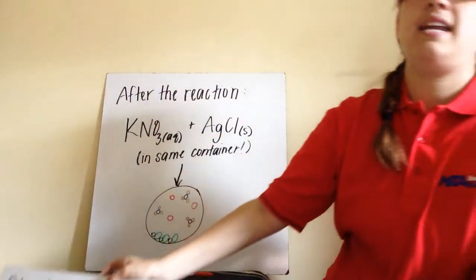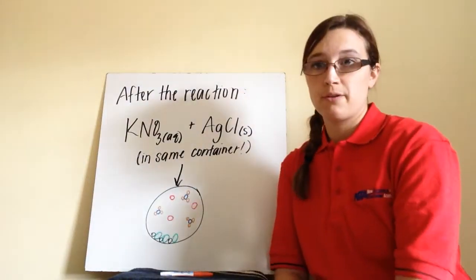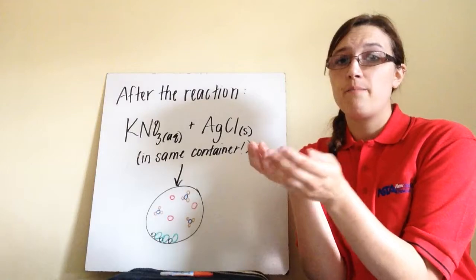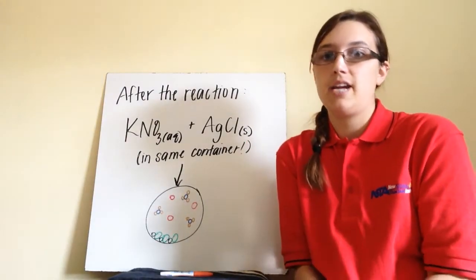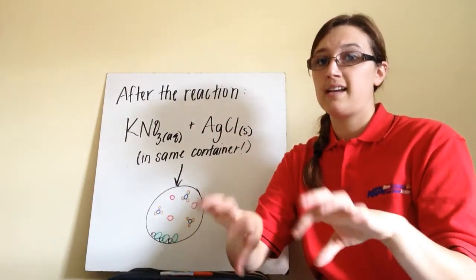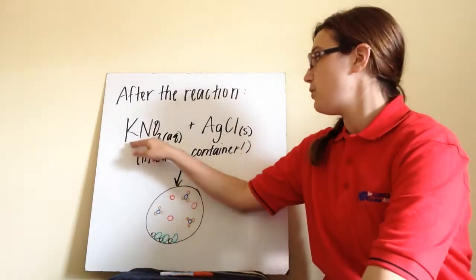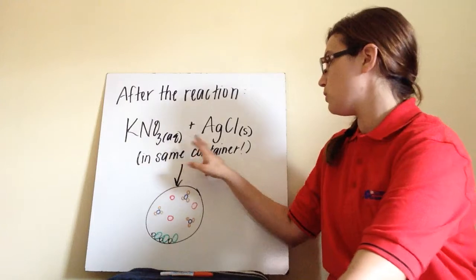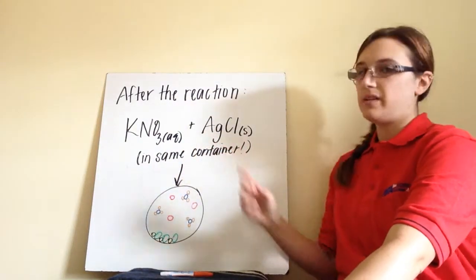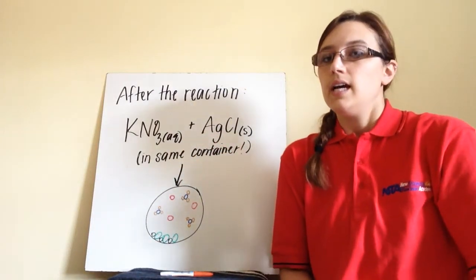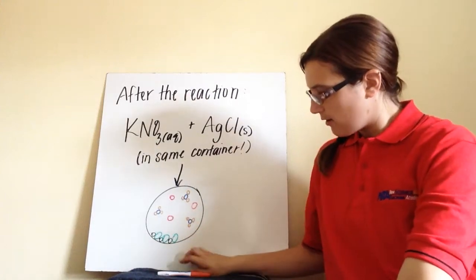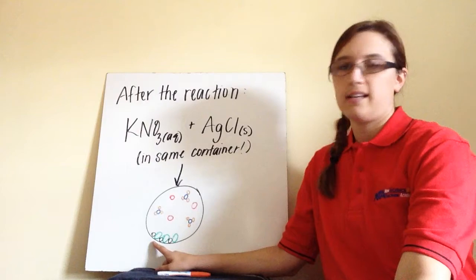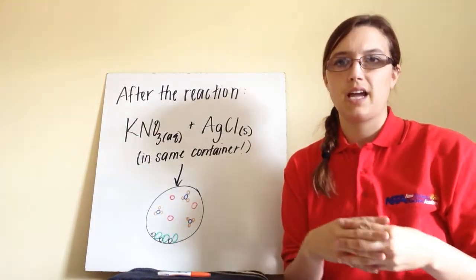What we're going to look at now is what we see after the reaction is complete. So after the reaction is complete, we have both of our products in the same container. Right? You poured the two solutions together into the same container. So we have KNO3, which we already determined was aqueous using solubility rules, and we have this white precipitate of silver chloride. Now, if you look at this particle diagram, you see on the bottom we have the Ag+ ions and the Cl- ions come together.